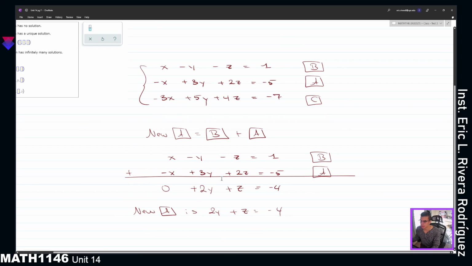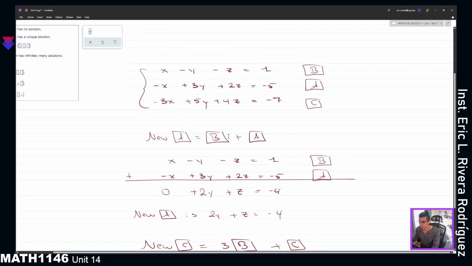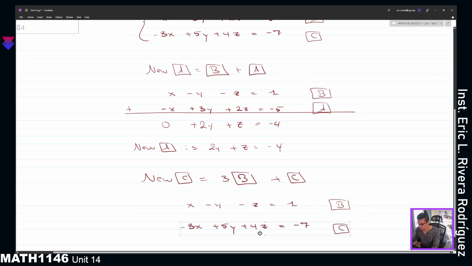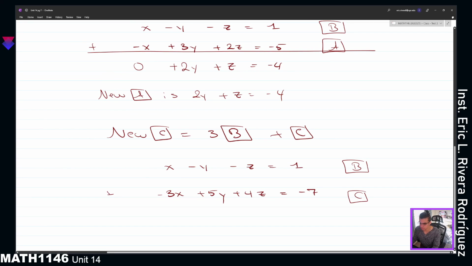Then I'm going to do the same. I'm going to get a new C. I'm going to multiply B by 3 because -3 is the coefficient of the x term of C, and I'm going to add that to C. So let me copy B. Remember that we are multiplying B by 3, so I have 3 here.